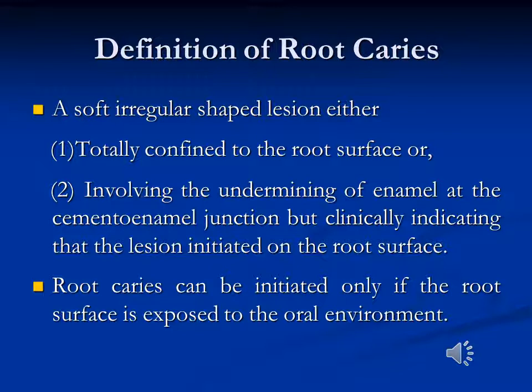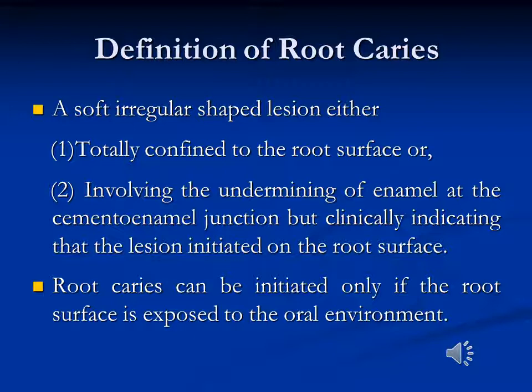Root caries can be defined as a soft irregular shaped lesion, either totally confined to the root surface, which means the lesion is only on the root portion of the tooth, so it is clear that it is root caries, or it could involve the root surface and extend to involve the cemento-enamel junction, undermining the cemento-enamel junction, which is the demarcation between the root and the crown, but clinically indicating that the lesion initiated on the root surface.